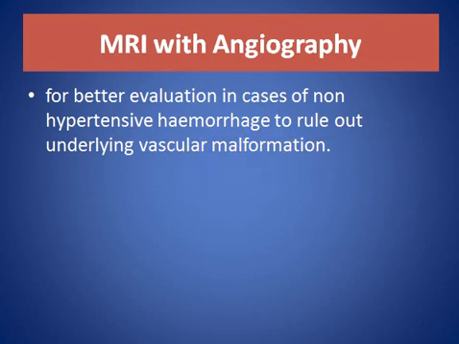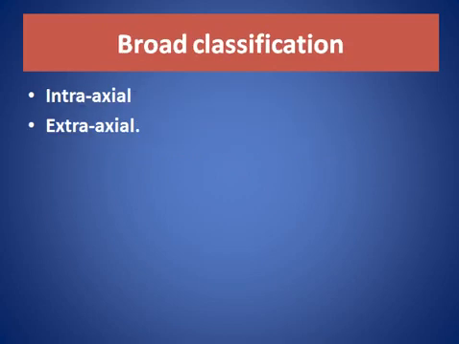In this discussion, I will concentrate on the CT findings. In another talk, I will discuss the MRI findings of intracranial hemorrhage. Broad classification of intracranial hemorrhage: it can be classified into intraaxial and extraaxial.